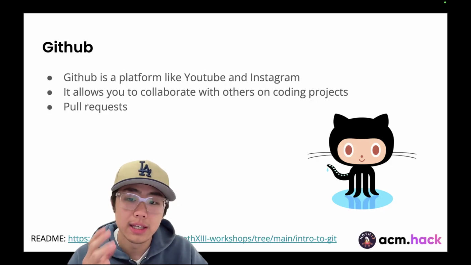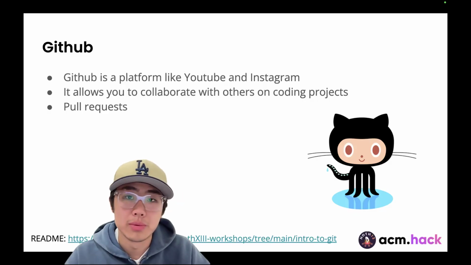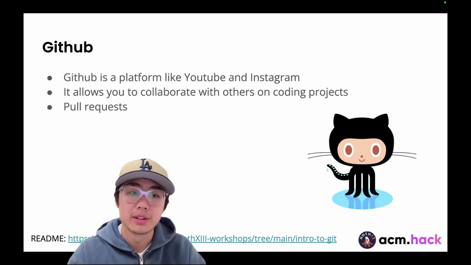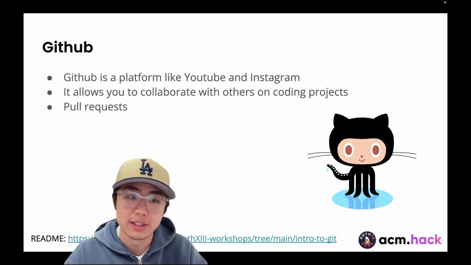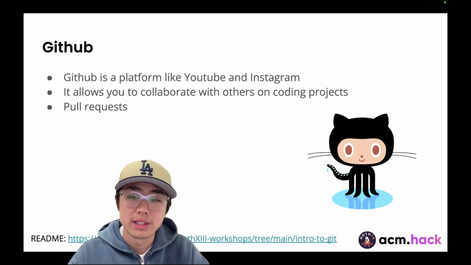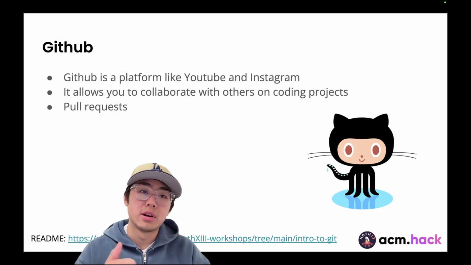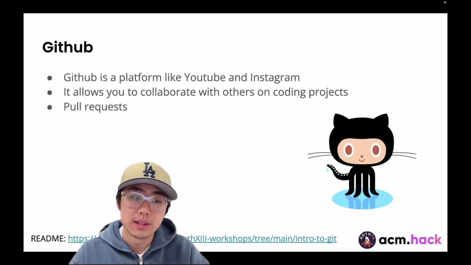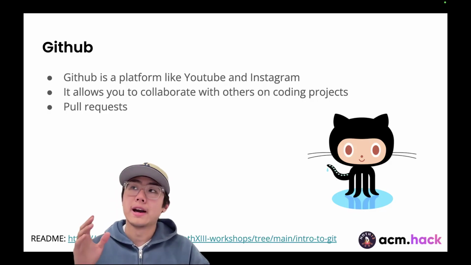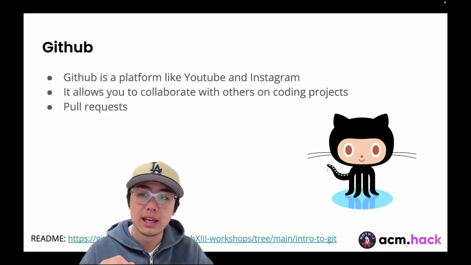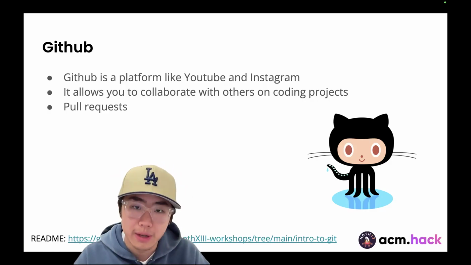And then say you go to a public project and you want to contribute to the project. Say you want to add a button that does something for the benefit of the project. You can send in a pull request to the project with what changes you want to make to it. And then the owner of the project can either approve or deny your pull request. And if they approve it, it will pull your changes into their project and update their project, right?